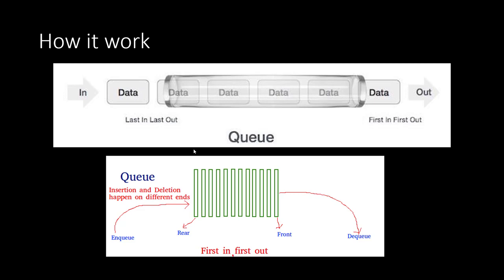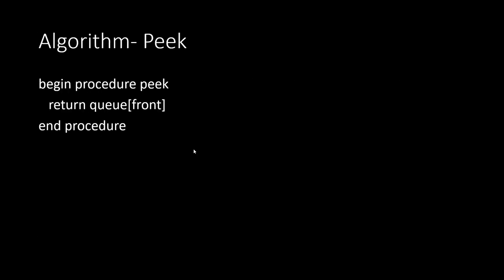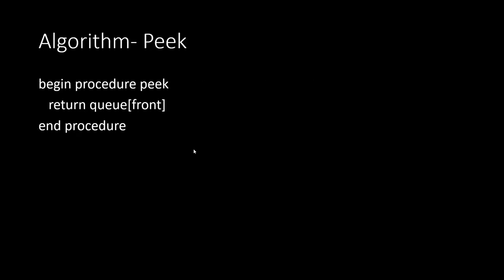So front and rear are understood. Going back to the procedure, if you want to understand what peek is, if you recall the definition, peek means give me the element. In a stack we are saying the top element, right? In a queue it is not the top element, rather it is the element that came first in the queue.